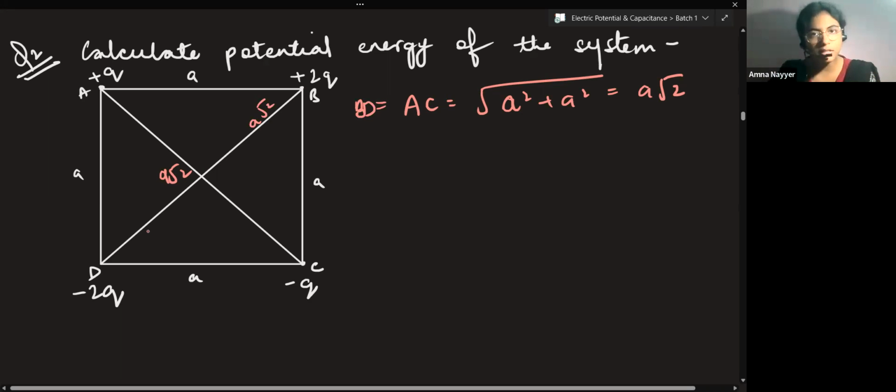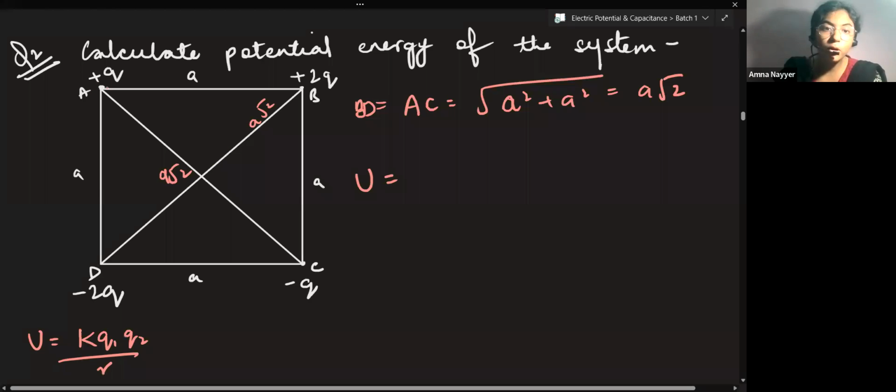Now we have all the charges with us. Now we have all the separations with us. It is very easy to calculate potential energy. Let's talk about the first potential energy, A and B. Remember the general formula, don't forget it: K Q1 Q2 divided by r.